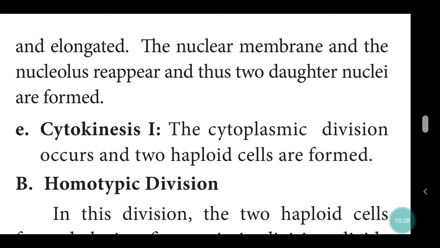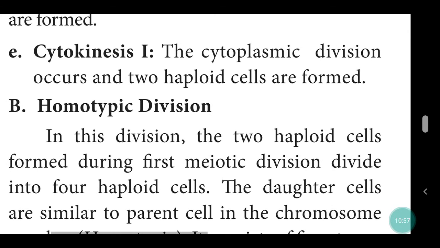It has another name, plasmalemma. The nuclear membrane and the nucleolus appear and thus two daughter nuclei are formed. Cytokinesis 1. The cytoplasmic division occurs and two haploid cells are formed.